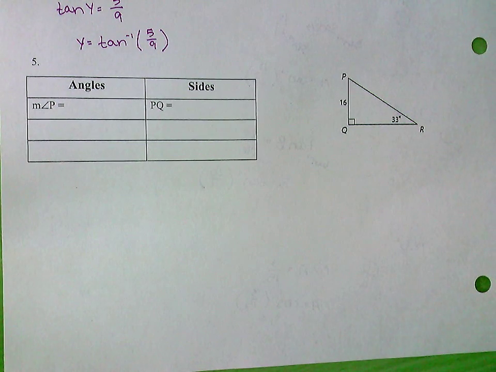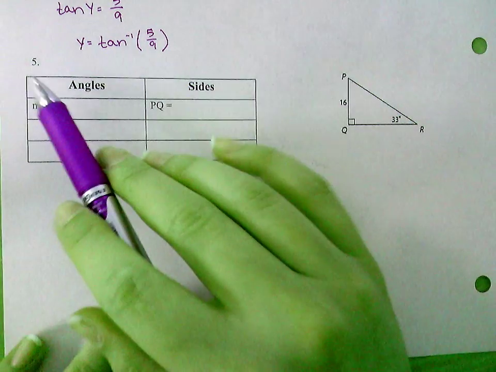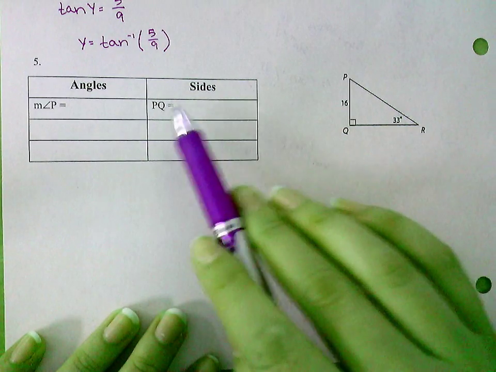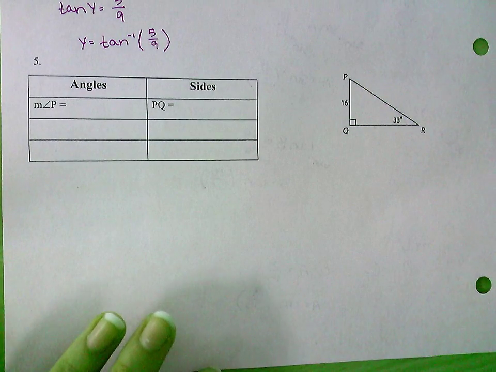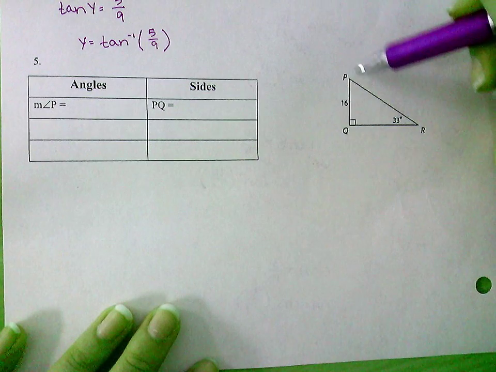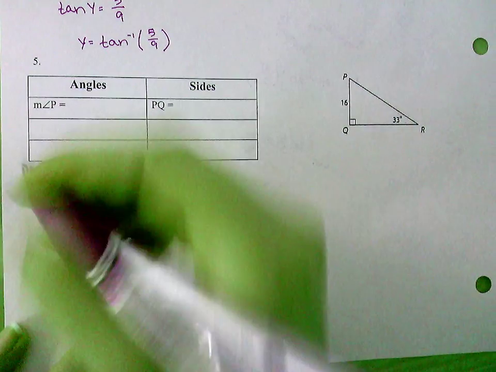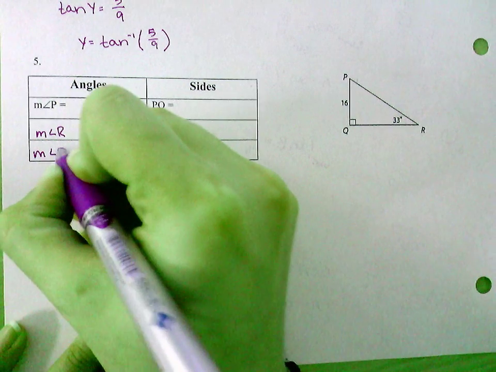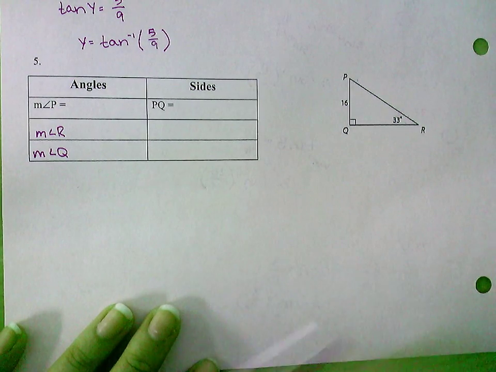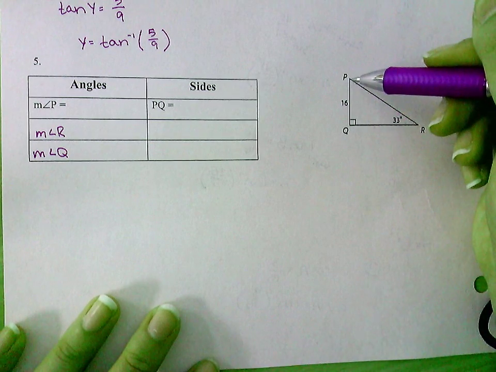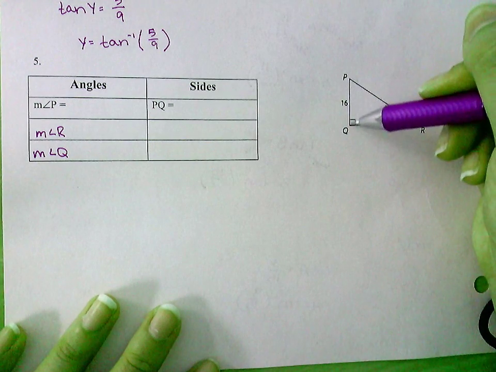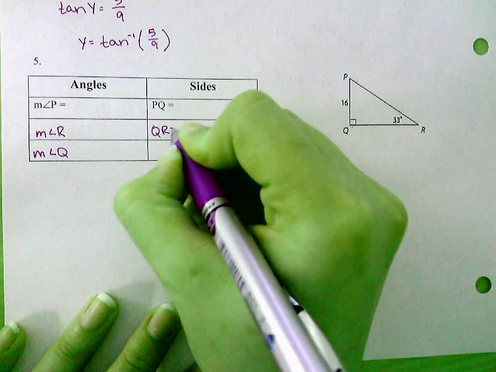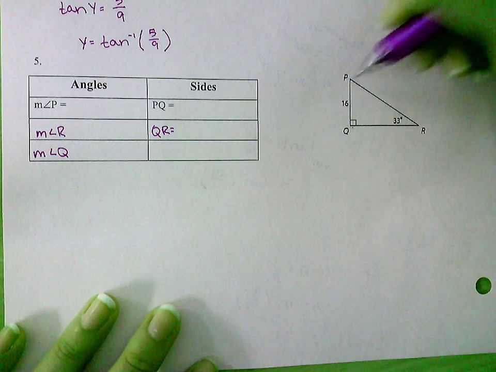Number 5. We're doing the same process. We have to find all the angles and all the sides. So we have already angle P. We also need to find angle R and angle Q. For your sides, we need to find PQ, QR, and RP.